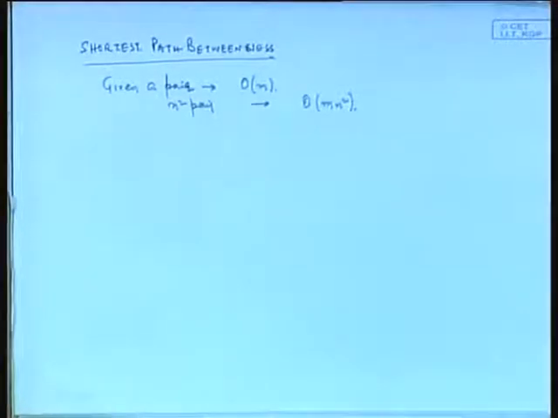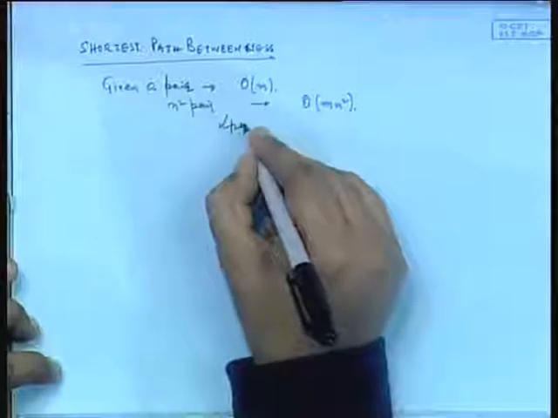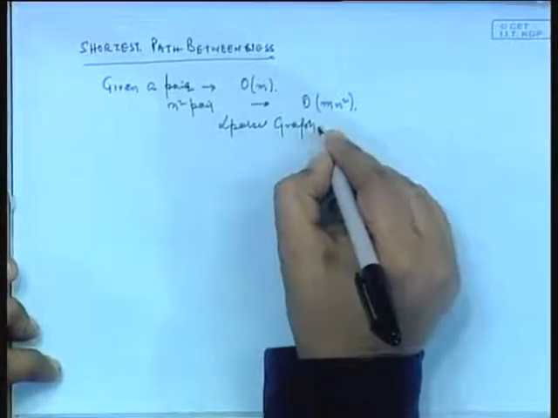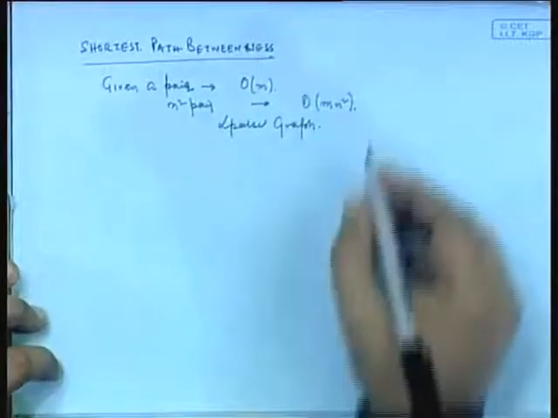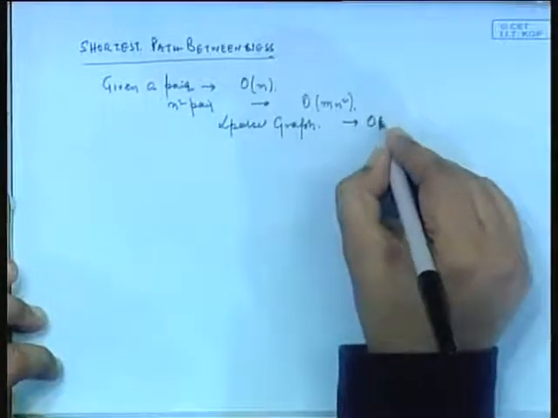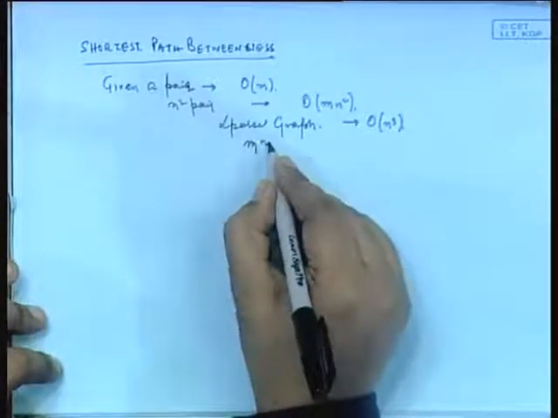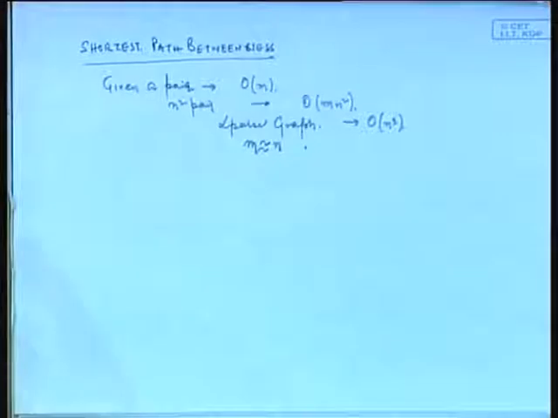Then for a sparse graph, what happens? In a sparse graph, the property is that m is of the order of n, so it becomes order n cube.